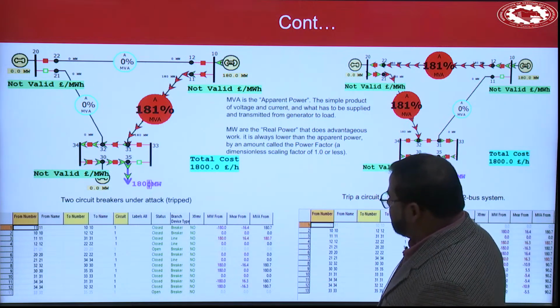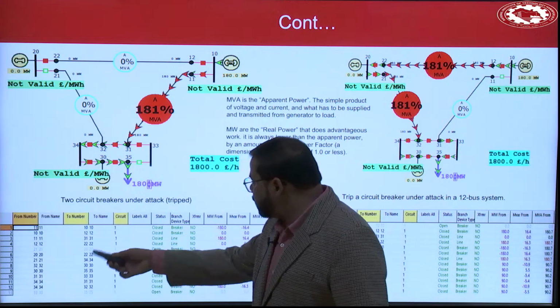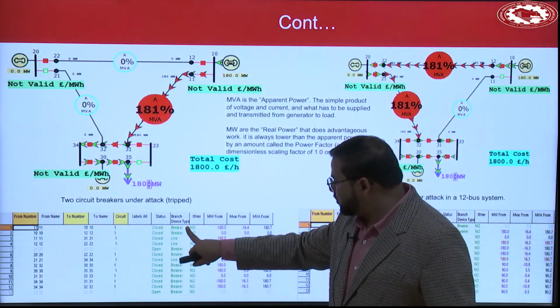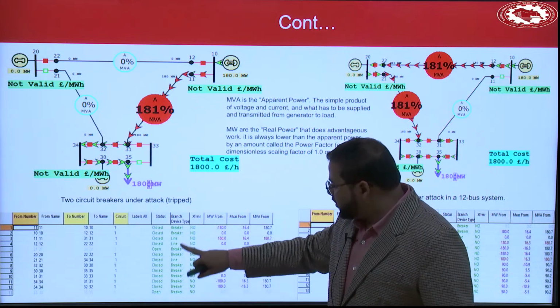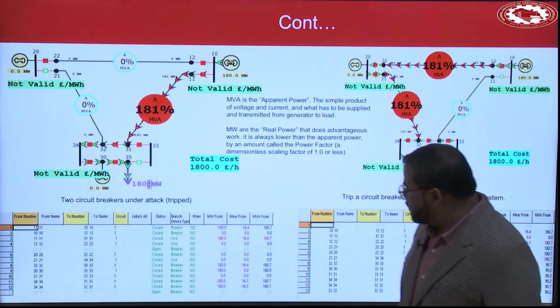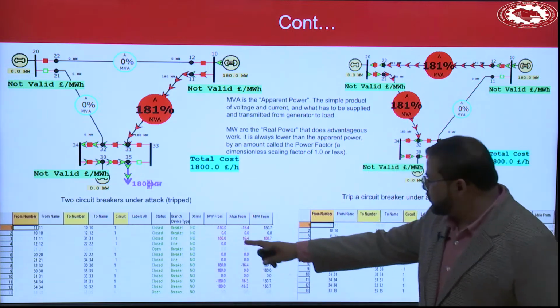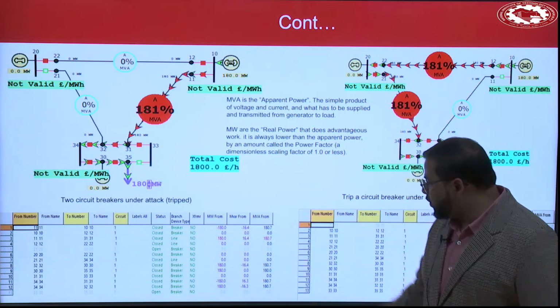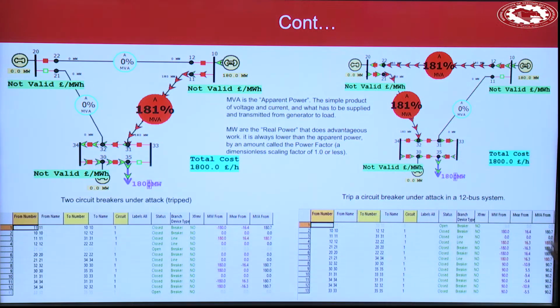What else? You see this is bus from, to, and it says whether this bus is closed. Device type: you've got breakers, lines, and so on. They all are closed at this point in time. You get to see their power, active and reactive power, megawatt, and so on. So these are the power quantities.